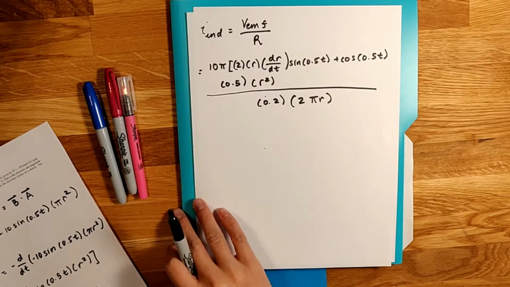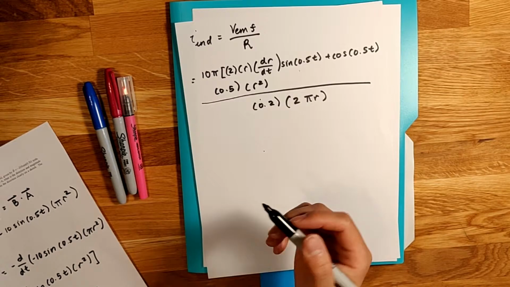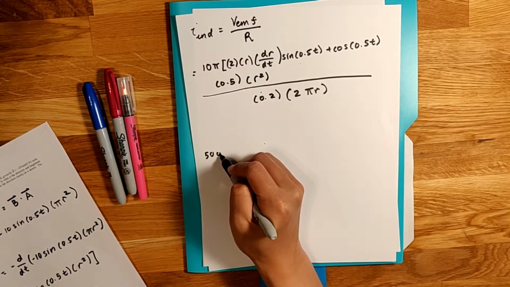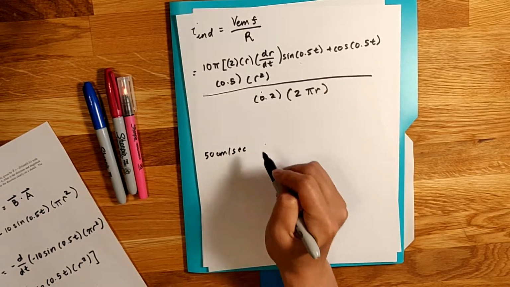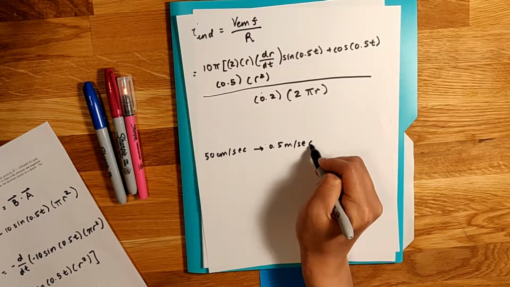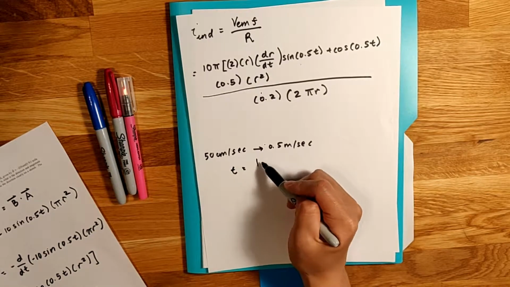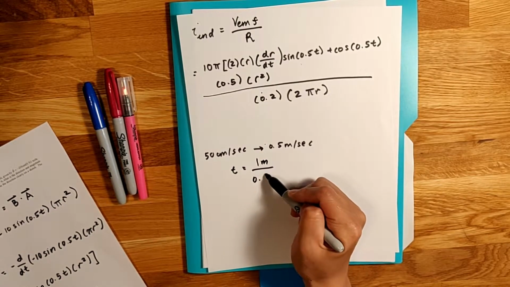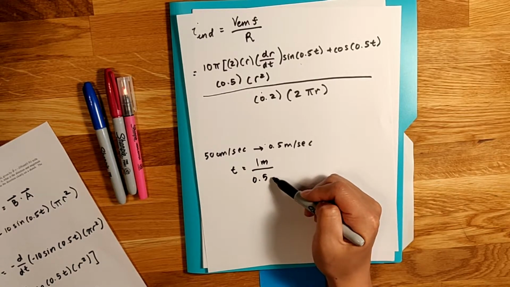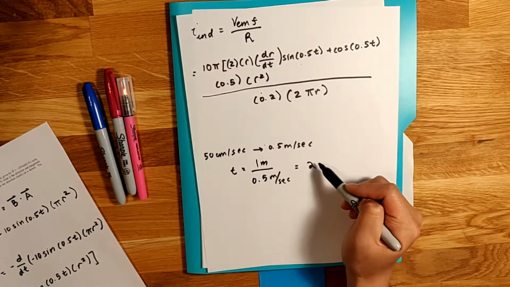Doing some simple math, we know that it's growing at a rate of 50 centimeters per second, which is simply 0.5 meters per second. So the time would be 1 meter divided by 0.5 meters per second, and we're left with 2 seconds.